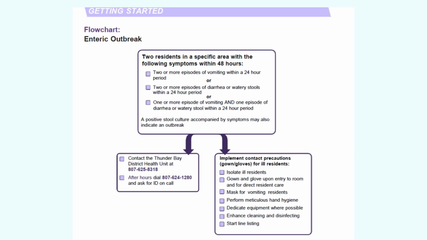Again, that's two vomiting, two diarrhea, or one of each. Then it asks if there's a positive stool culture, if that has been able to be obtained. There are also phone numbers for you to reach them at, especially if you're suspecting an enteric outbreak, and some of the precautions that you should be implementing right away.